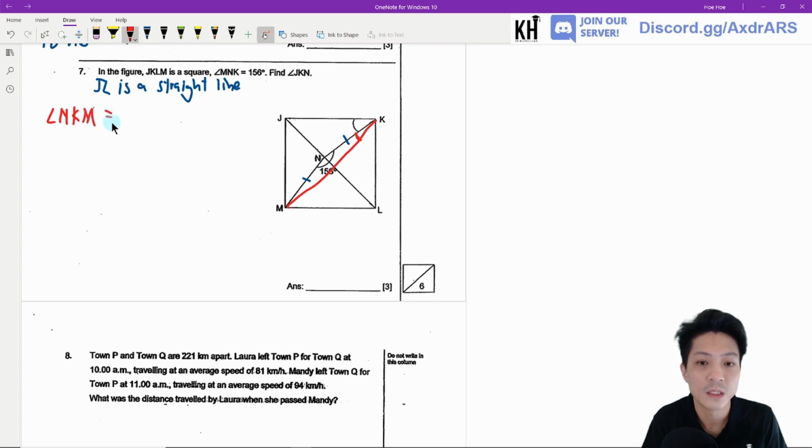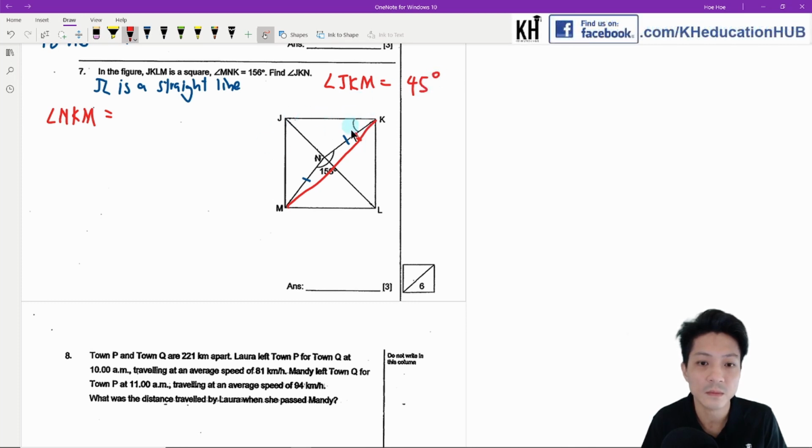Angle NKM is equal to, because KM is the diagonal, angle JKM is equal to 45 degrees. I should have written that first. I'm gonna write it here. Angle JKM is equal to 45 degrees. So first I'm gonna find NKM.